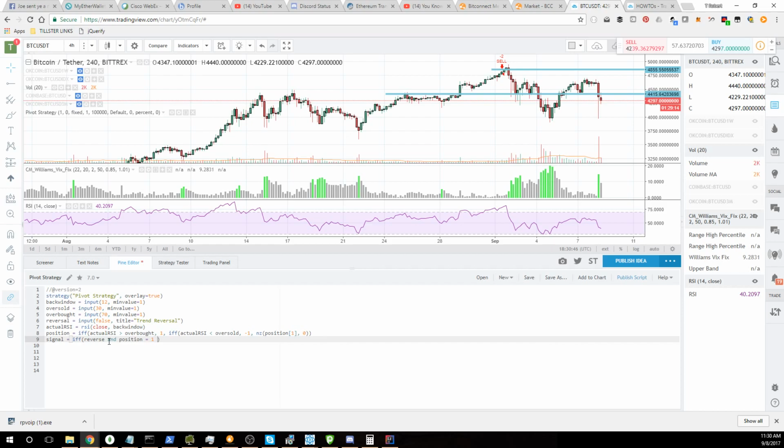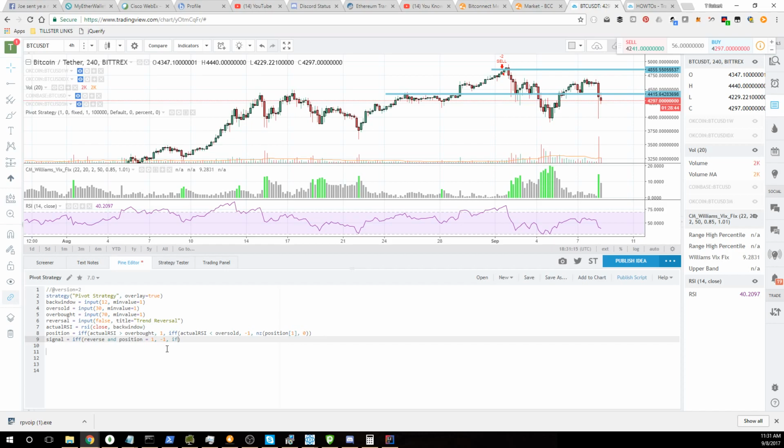Okay, we haven't gotten to what would set reverse yet, but we will in just one second. Stop and think. If we reverse and position is equal to 1, then what we want to do is say it's time to sell, -1.